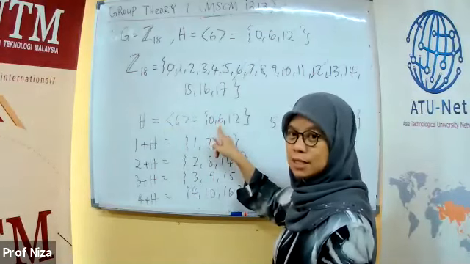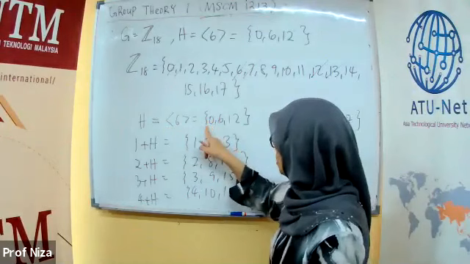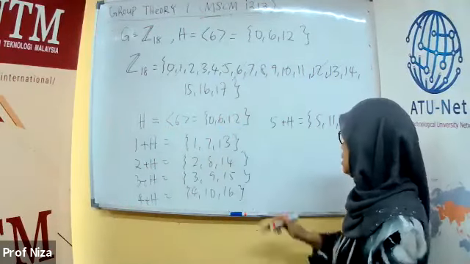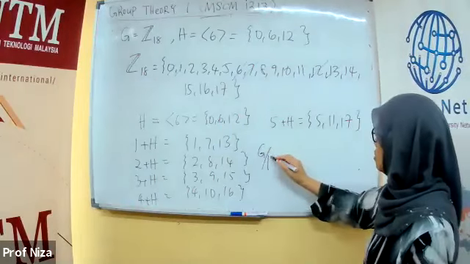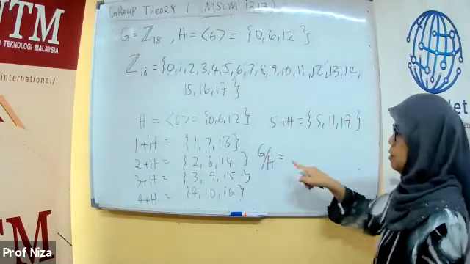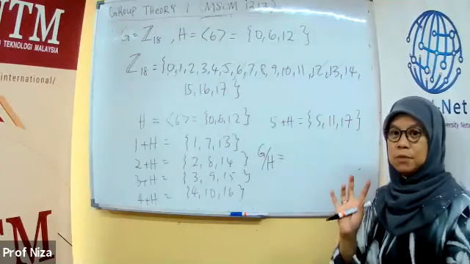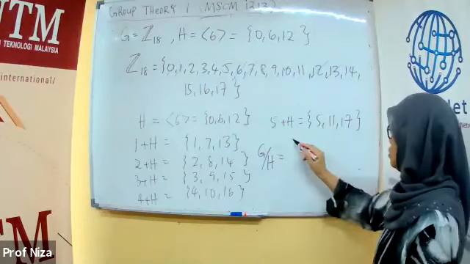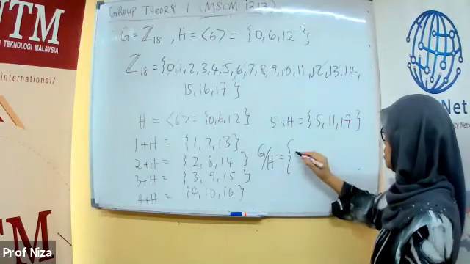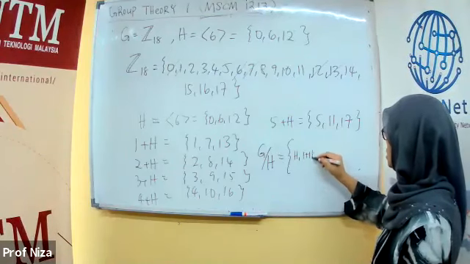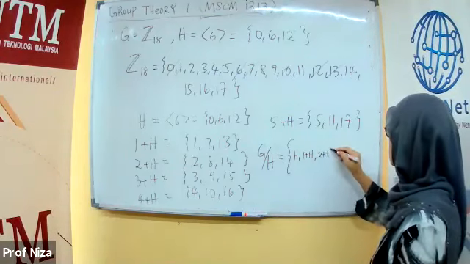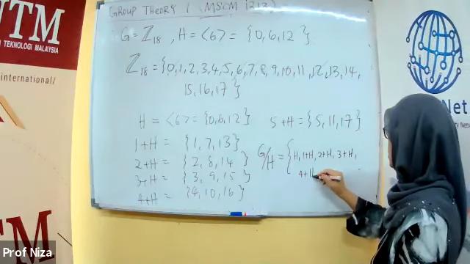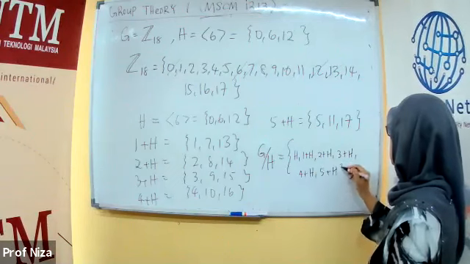So 0 plus H is equal to 6 plus H is equal to 12 plus H. So your coset becomes the element of the factor group. So this becomes H, 1 plus H, 2 plus H, 3 plus H, 4 plus H, 5 plus H.